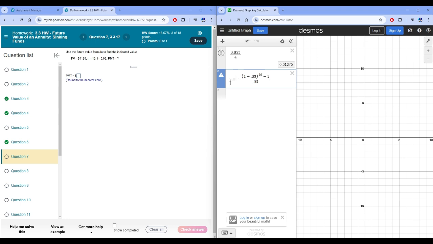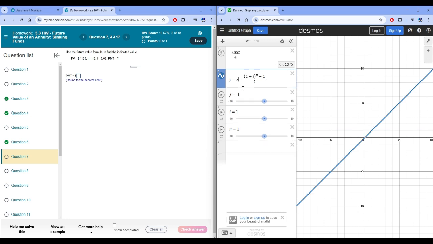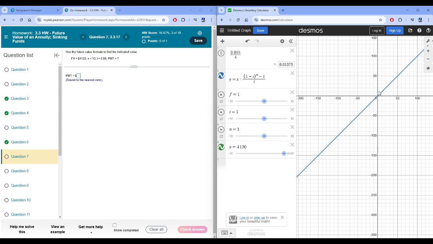So I can say y equals future value, the interest rate raised to the n, and then this one would also be equal to I. If I make this equal to x, and then I say y equals 4120, I could literally look for where these two intersect.